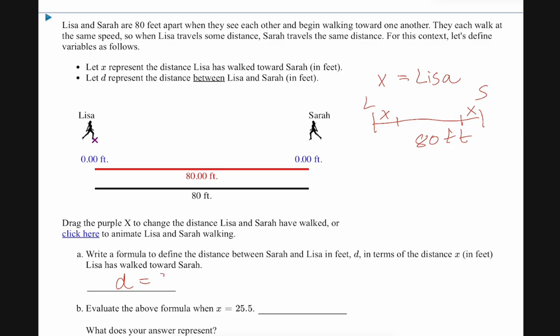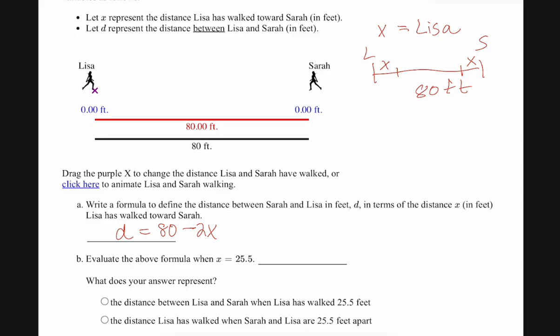And so it would be 80 minus the two X's that they've come together. So that's that total, okay? Evaluate the above formula at 25.5. Your number might be different, but you're just plugging into the formula. And in my case, I get 29. And what does your answer represent? The distance between Lisa and Sarah when Lisa has walked 25.5. It's this one.